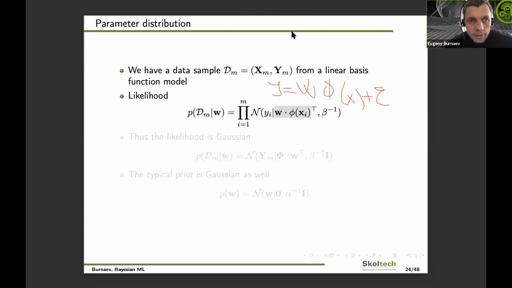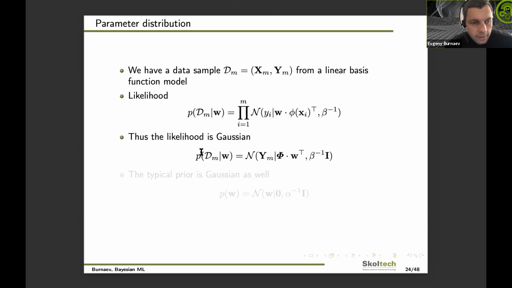And the white noise is assumed to be Gaussian. And so, as explained in the previous section, the likelihood of the data set given the vector of parameters W is equal to the product of individual likelihoods of each observation with the mean value given by the linear basis function model. And in the matrix form, this likelihood is given by this formula.